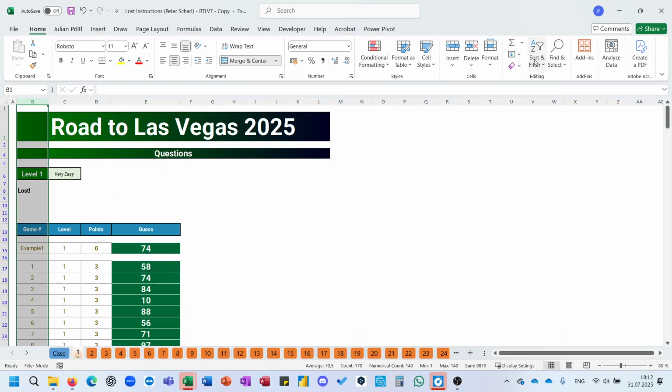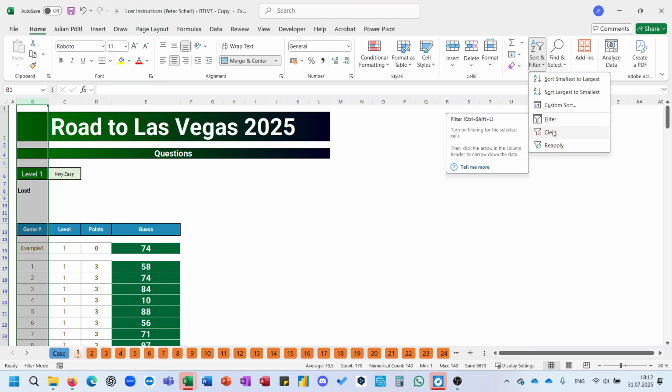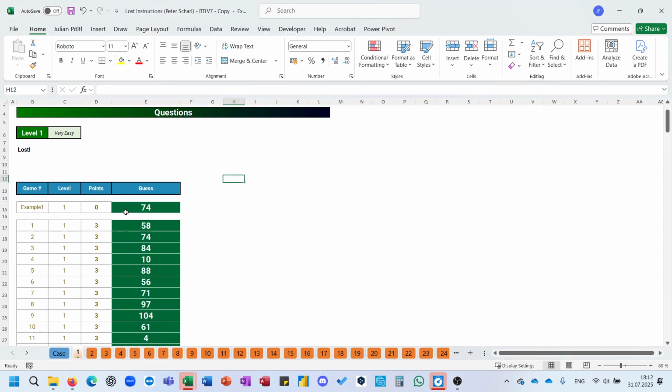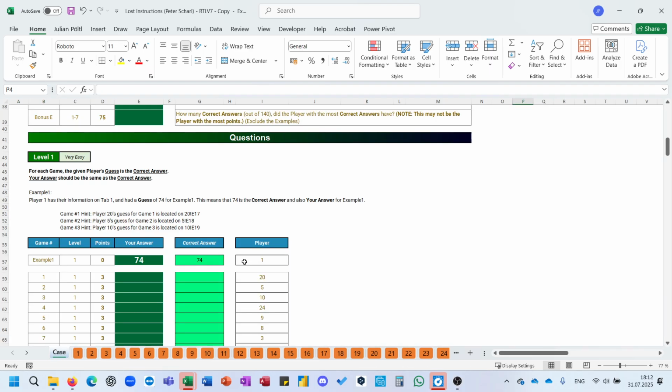I want to have for all levels the cell this level is in. So here, the guess from player 1 is in sheet 1 in E15. So here, E15, and I can now track this down.